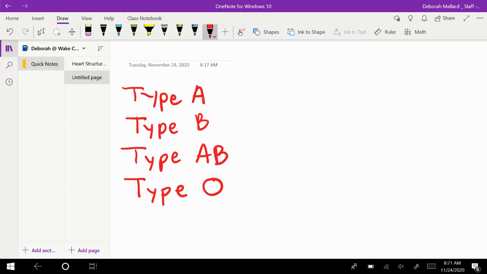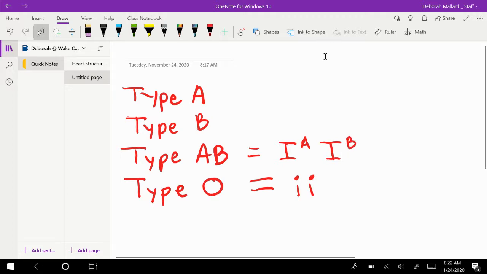On the other side, what I'm going to write are the alleles or the genotypes for each particular blood type. So for type O, a person who has type O is going to have 2 lowercase i's. So you can kind of see type O serves as our recessive. If someone is type AB, they are going to have 1 allele for type A blood and 1 allele for type B blood.